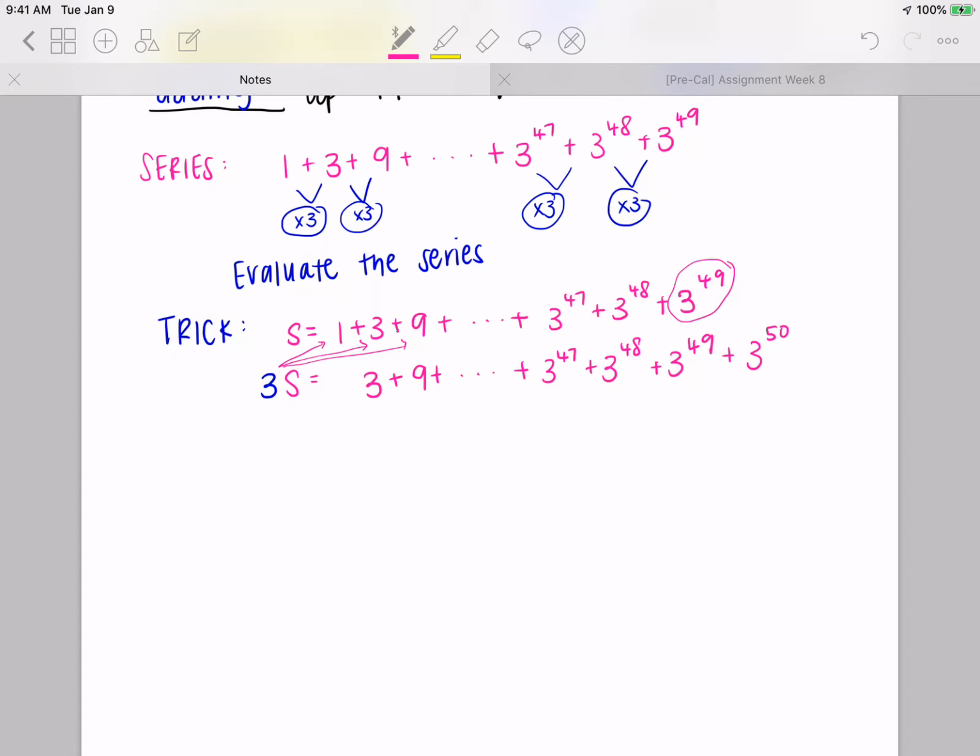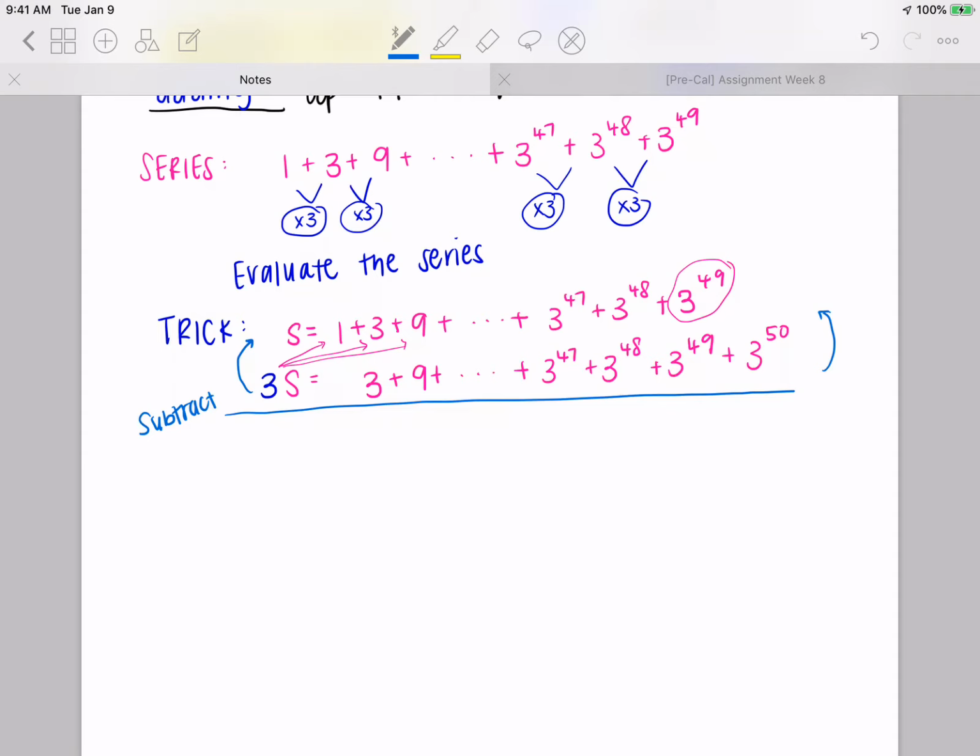Okay? What I just did here was that I moved the whole entire series one number to the right and created a new number. So instead of adding it up, I'm going to be subtracting. Subtract the bigger number from the smaller number for both sides.